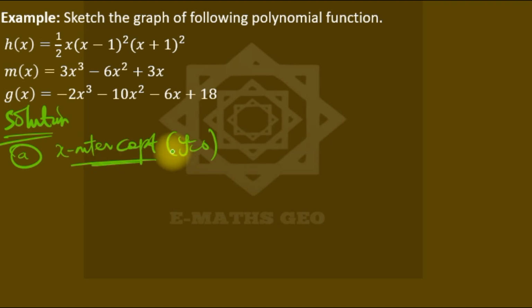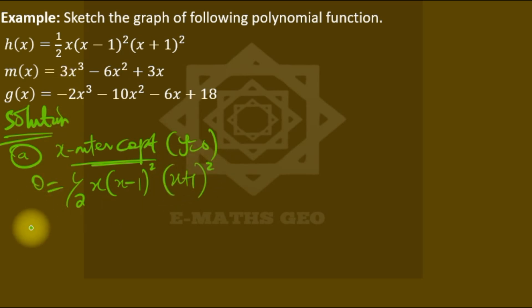So that's the first step, the x-intercept. We substitute y equal to 0, which is h of x, since h of x is y. So we have 0 is equal to 1 over 2 times x times (x minus 1) squared times (x plus 1) squared.